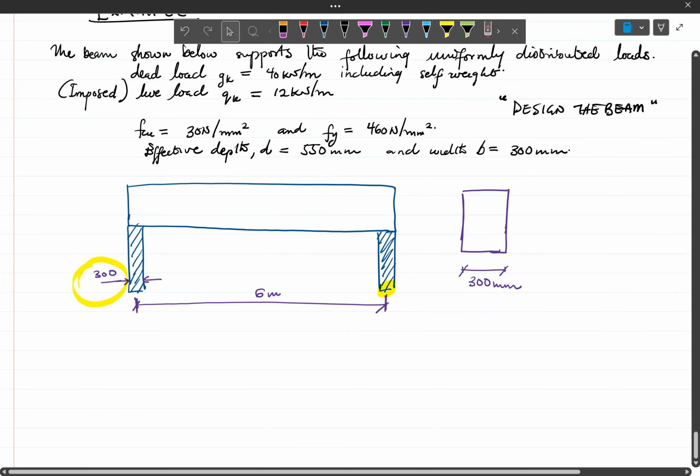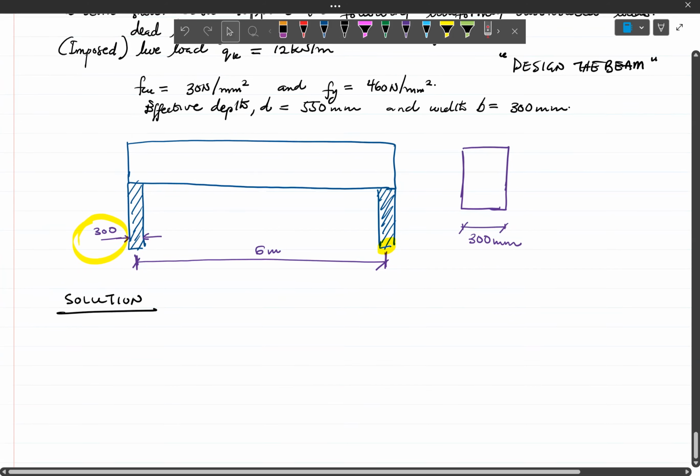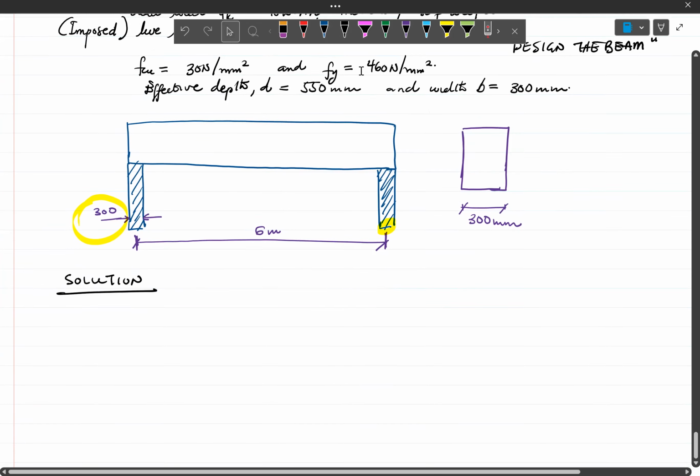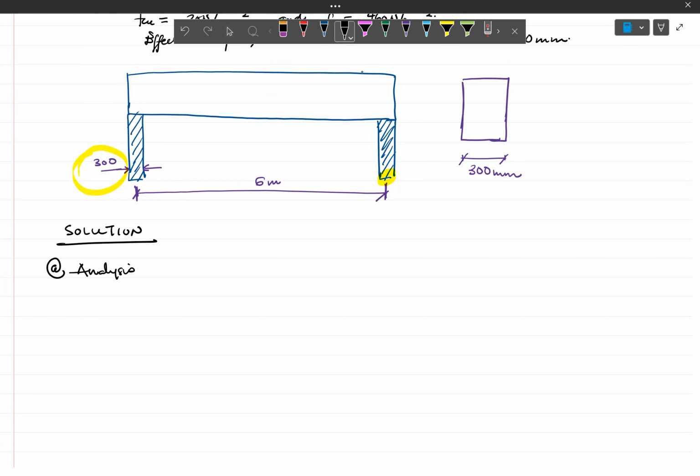So let me put here solution. Okay, so this should help us in terms of the steps on how to analyze a typical beam, right? So let's start. We start with the analysis. So let me say A, the analysis. Okay. So here we try to find ultimate moment and then our ultimate shear or maximum shear.